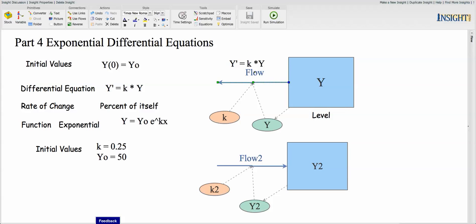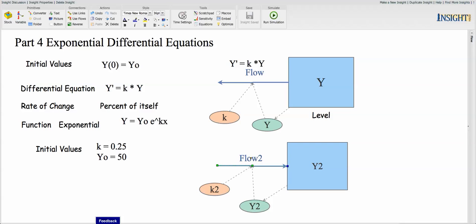Each one of these symbolically represents the equation, and we can see a graph of each of these equations. The difference between these two models: in the top one, the flow is going out of y, and in the bottom one, the flow is going into y.